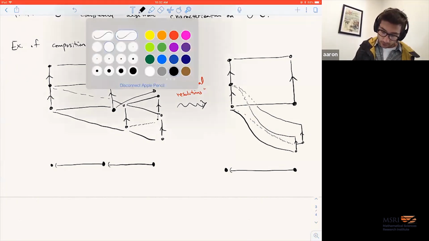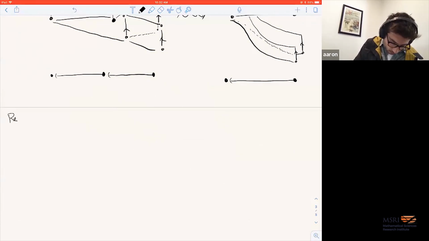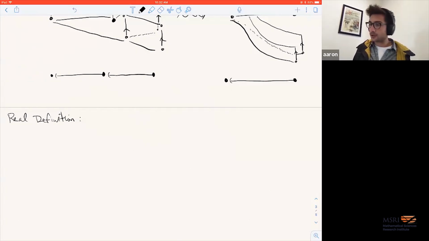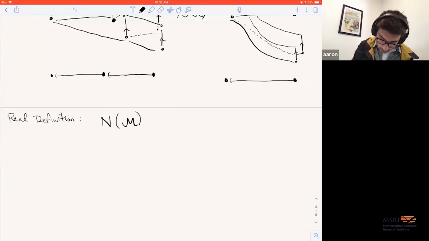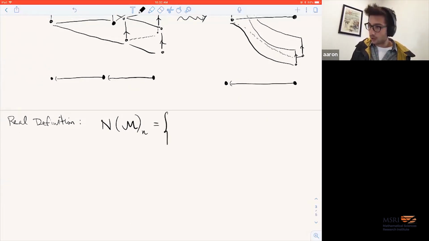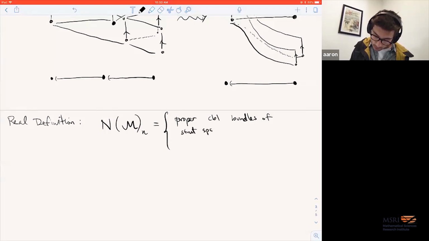So let me give you the real definition. I'll tell you what is the space of n composable morphisms in this infinity category, curly M. It's the space of proper constructible bundles of stratified spaces over, well, the standardly stratified n-simplex.